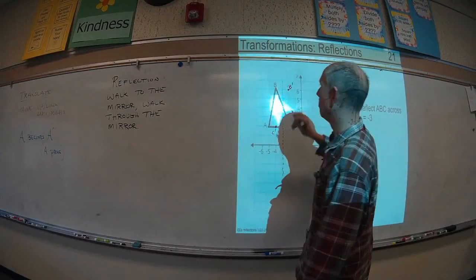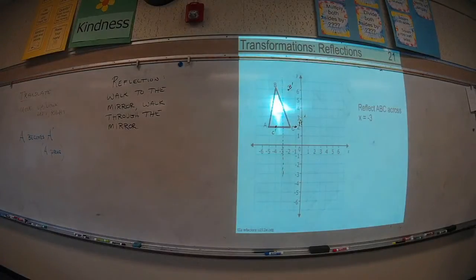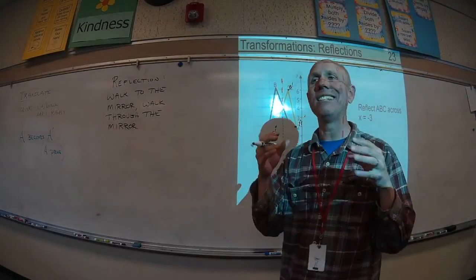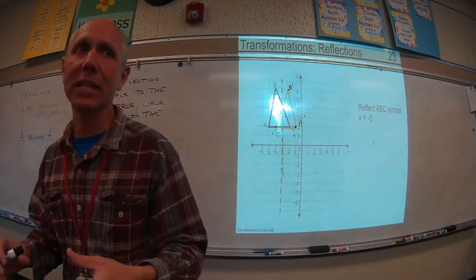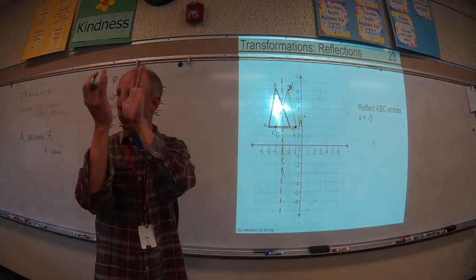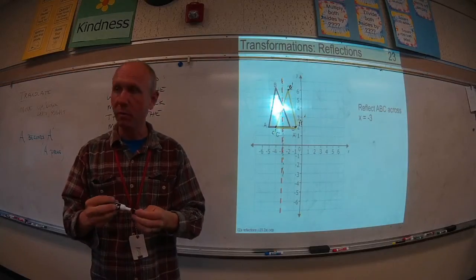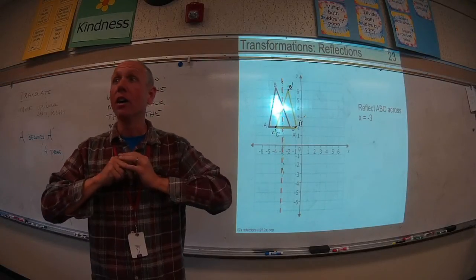B prime. There's the axis. There's the reflected shape. These shapes are congruent. They are identical in shape and size. If I flipped them around and put them right on top of each other, you would see they are the same triangle, just flipped over.